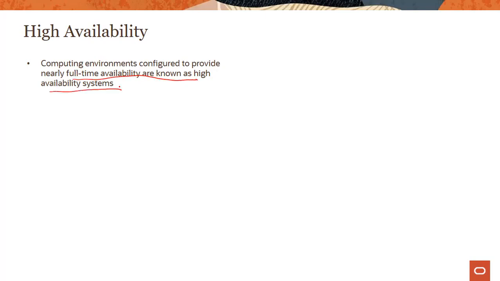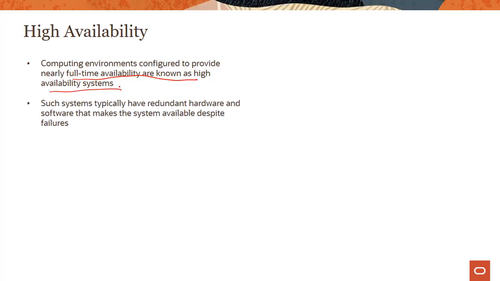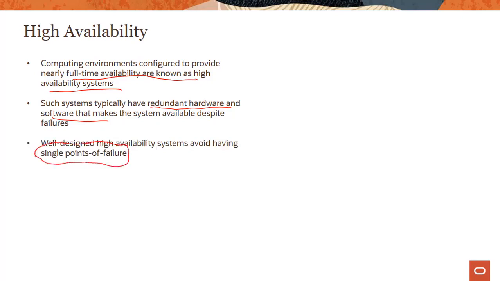What it means is these systems have redundant hardware and software that makes the system available despite any kind of failure. Well-designed high availability systems avoid having single points of failure, and we'll talk more about this in our next module. But the idea is that because you have redundancy built into the system, you don't have a single place of dependency where things can fail.